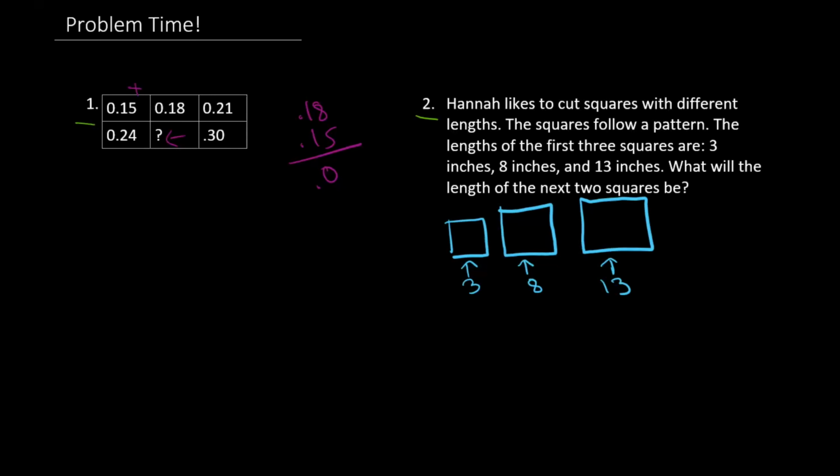So it's 0.03. Let's see if that is true for every one. 0.18 plus 0.03 is equal to 0.21. That is true.